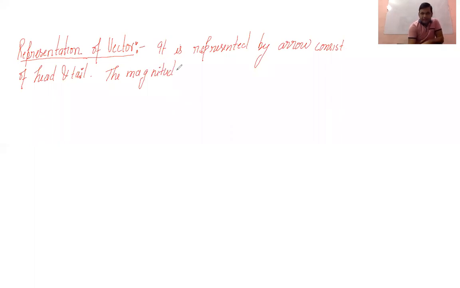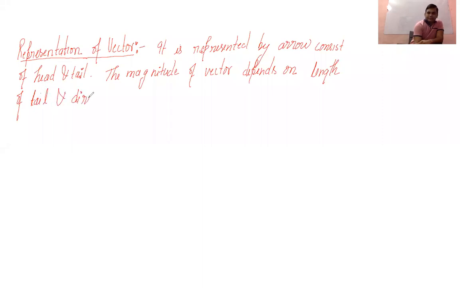The magnitude of vector depends on the length of tail, and direction is shown by the arrow, that is the head.